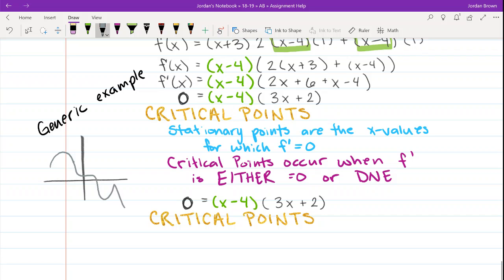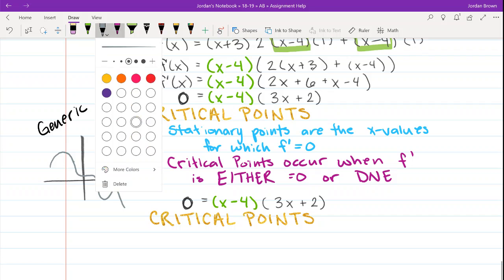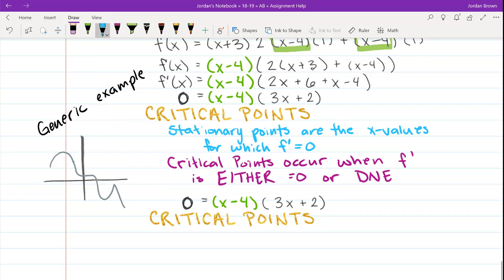Okay, so stationary points are here, here, and here. Those are stationary.